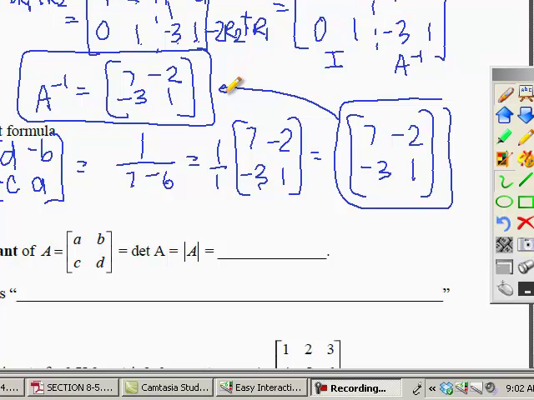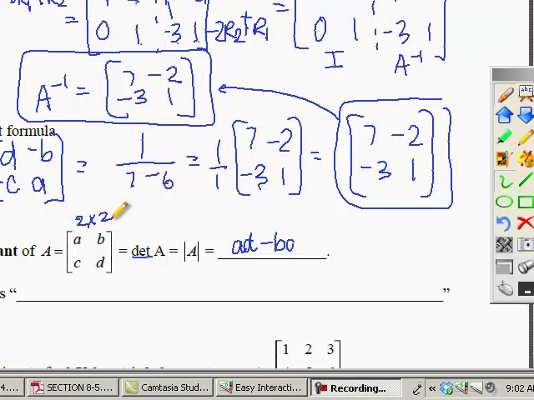The determinant of a matrix, which we say DET A, and DET is one of the things you'll find in your calculator under your matrix operations, but we write it as the absolute value of A, and that's just saying find the determinant, and we said the determinant was AD minus BC. This determinant only works for a 2 by 2 matrix, so just be aware of that, okay?